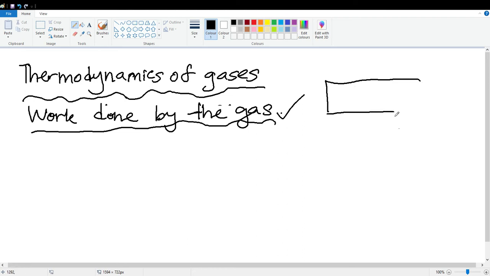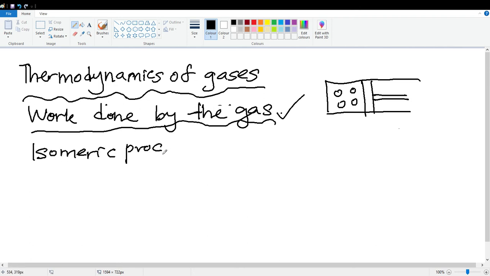This is the wall of the piston. So the isometric process is constant volume.